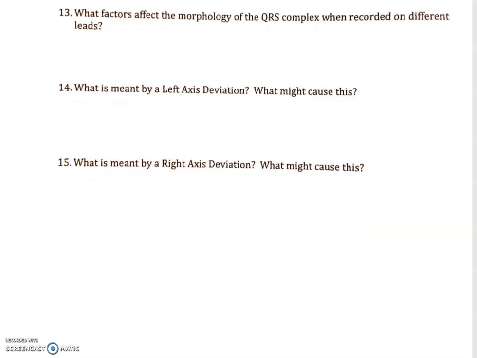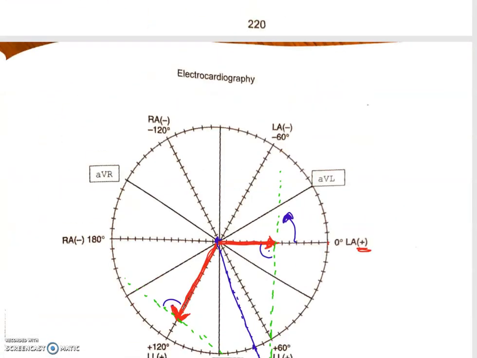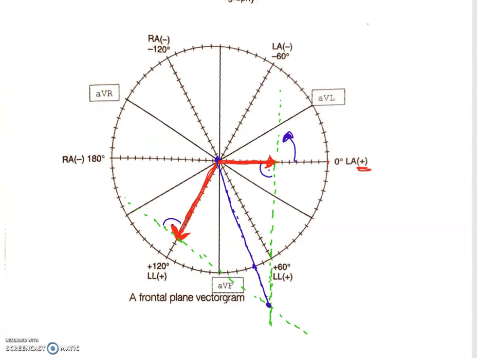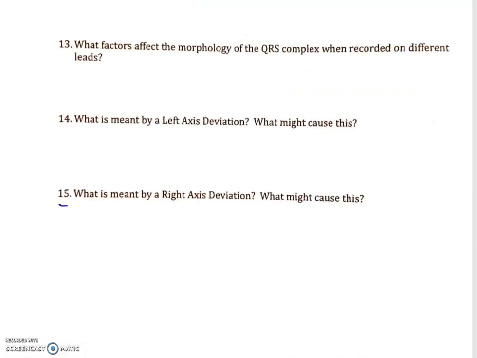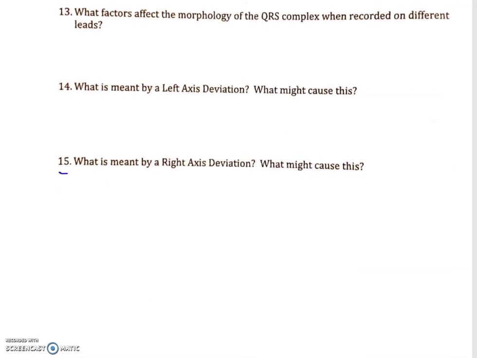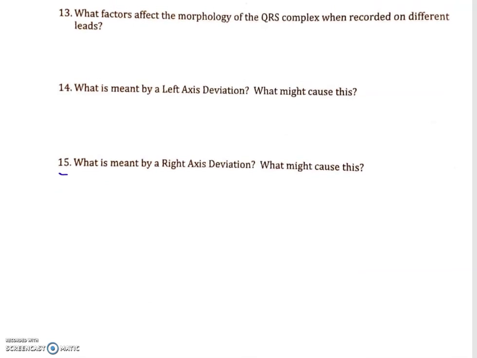What is meant by a right axis deviation, on 15 right here? That means that we are going past what's normal here on the right side, and that would mean that I'm going past here in this direction with my mean electric axis, definitely past the 90, about 110, 120 is sort of the borderline, and then you have a right axis deviation. What might cause this?